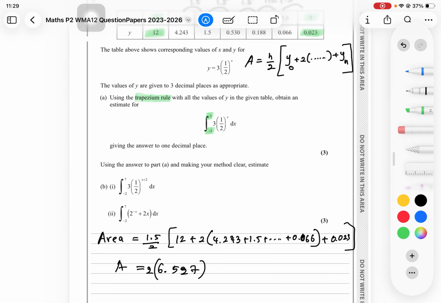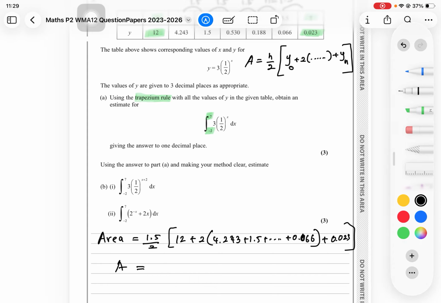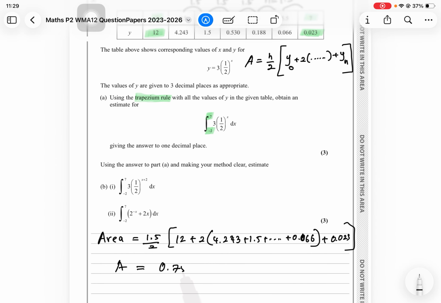Rather than write it out, let's write the final answer in one go, since you're already doing this calculation with the calculator, so I think we can save some time. This one is 0.75 times 0.077, so this is going to be 18.8, because they're asking for 3 decimal places and an estimation to 1 decimal place.